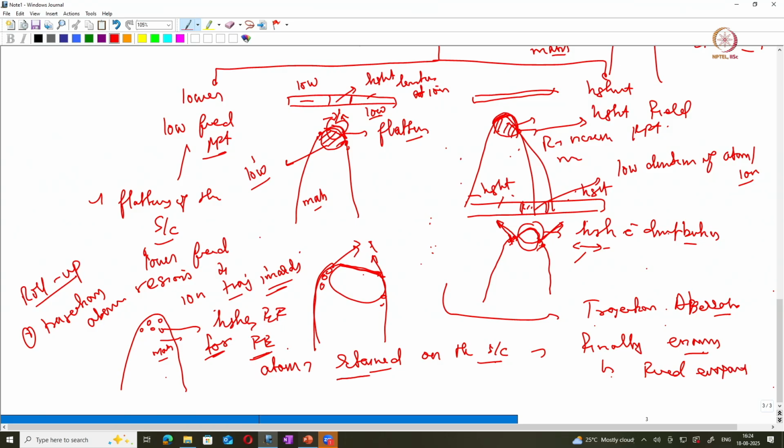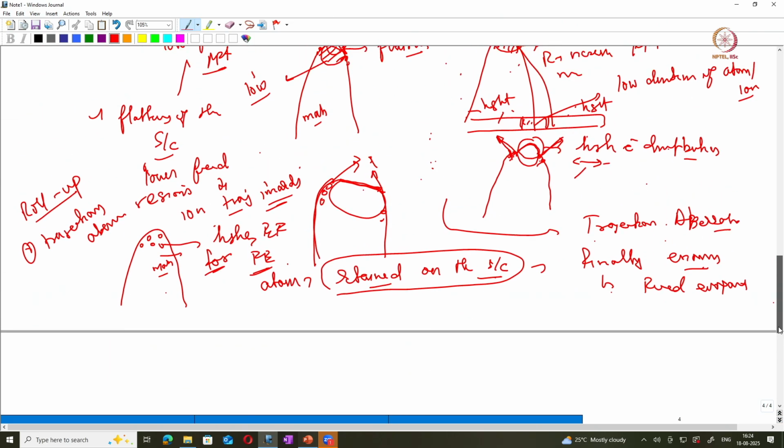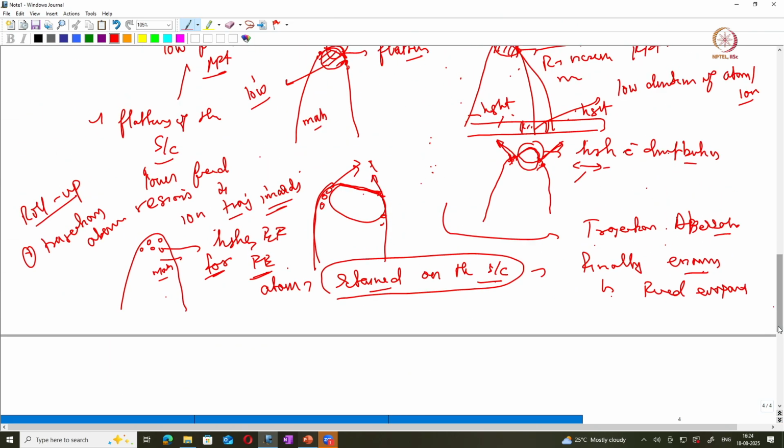So the atom stays a longer time at the surface.